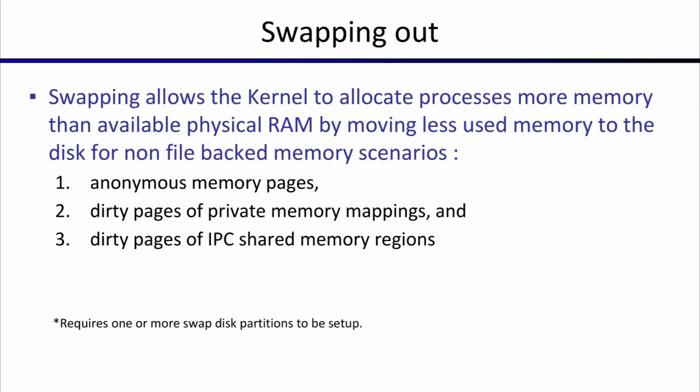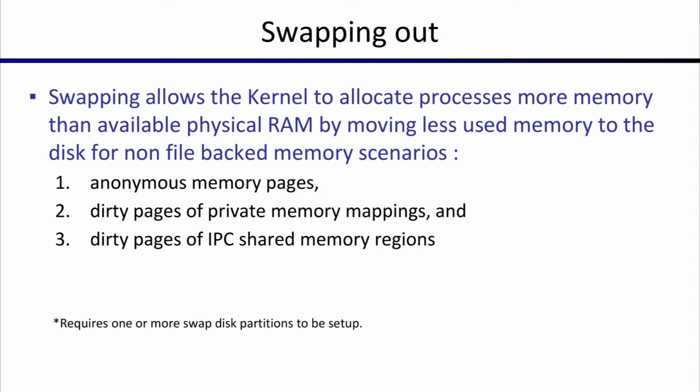The kinds of things that you would move into the swap disk are things that do not have a file backing, because pages that did have a file backing, those you can just delete because you can always get them back later. Anonymous memory pages do not have a file backing, and these are going to need to go to the swap space. There are also elements of other memory mappings.